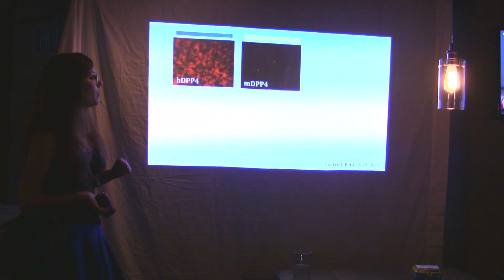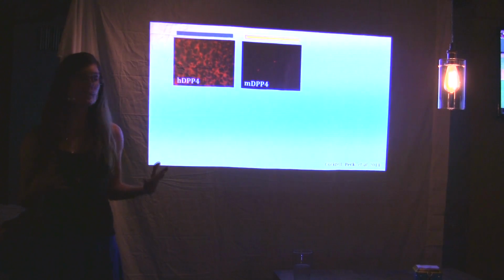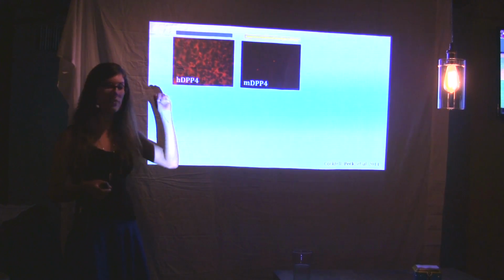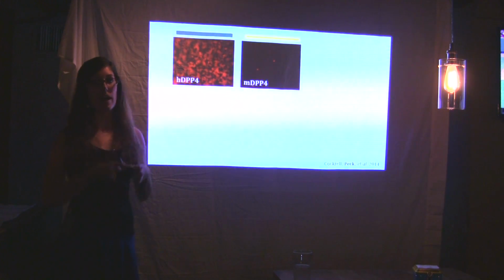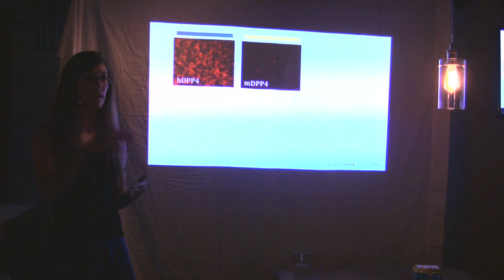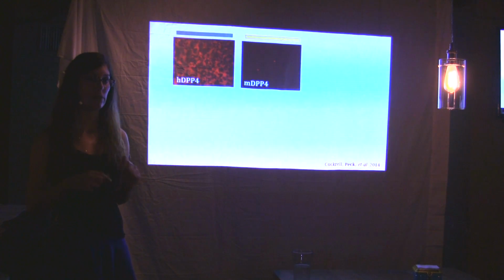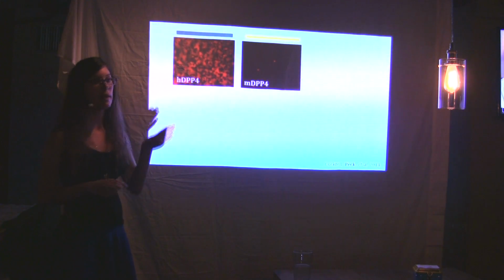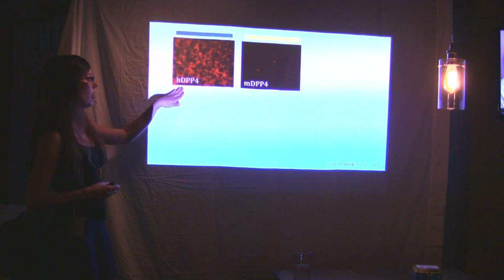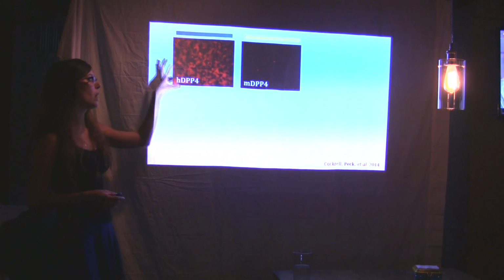To test that, we went into an experimental system. This represents the human version of DPP4. We express that molecule in cells, take them into the BSL-3, and infect with a virus that's tagged with a red fluorescent protein. When you see red, that's an indication of infection. With our human version being expressed, we see a lot of infection.